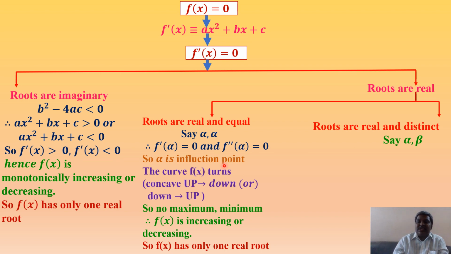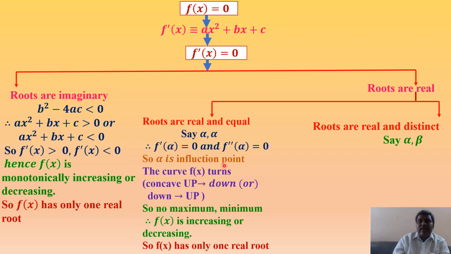These are real and distinct, two real and distinct points. So these are critical points. If suppose f double dash alpha is not equal to 0, then alpha becomes a critical point. Alpha and beta are real and distinct critical points.